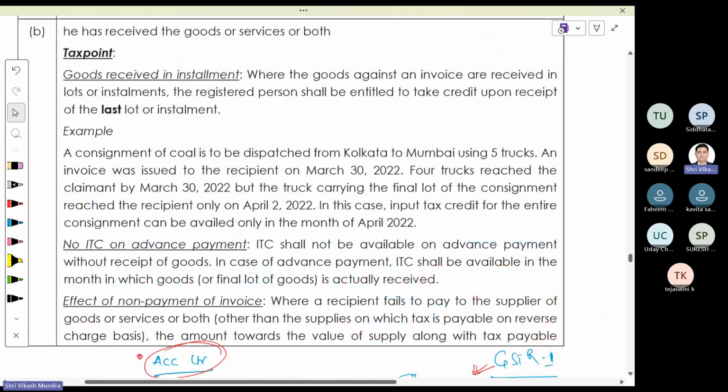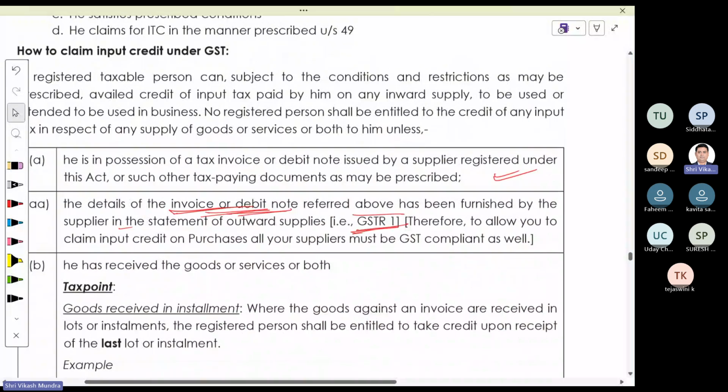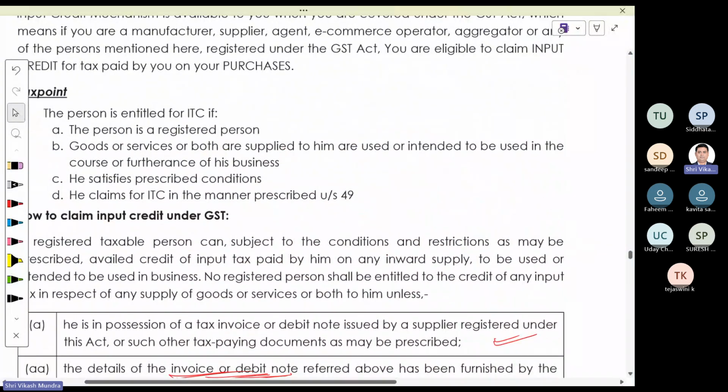Now we understand that number one, to claim ITC, the person should be a registered person. Goods or services or both acquired by him should be used in the business. Number three, he should satisfy certain prescribed conditions, and that claim should be made by him in the prescribed manner. If he fails to claim that ITC, it would not be available to him. What are the prescribed conditions?